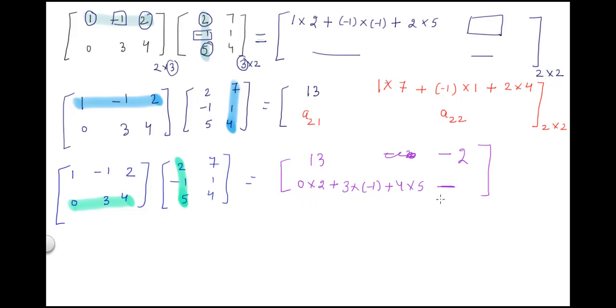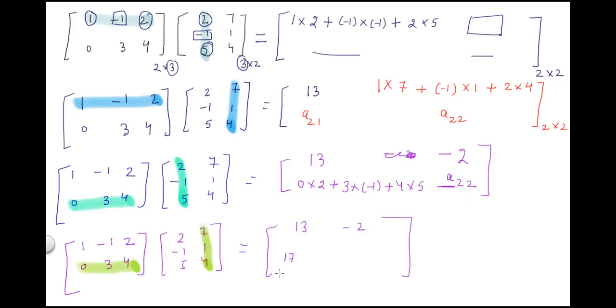Now think carefully, you have to get the last element, which is A22. So second row and second column you need to multiply. That's the last step. Let us do that also. So by multiplying the second row with the second column, we get 0 cross 7, then plus 3 cross 1, then plus 4 cross 4.